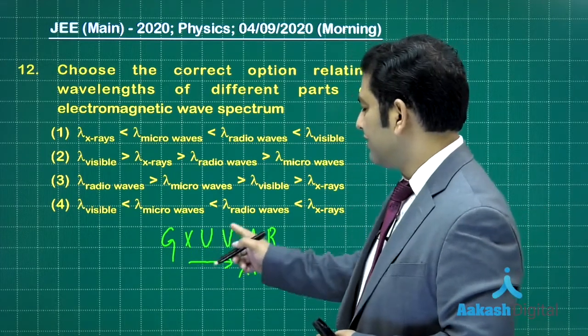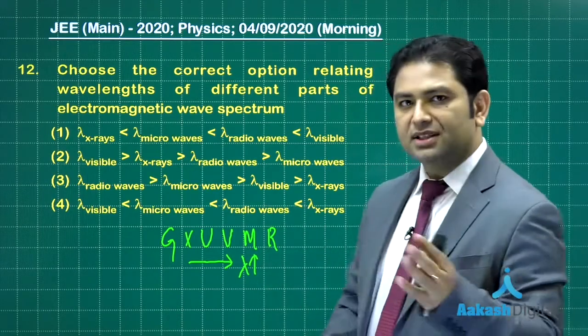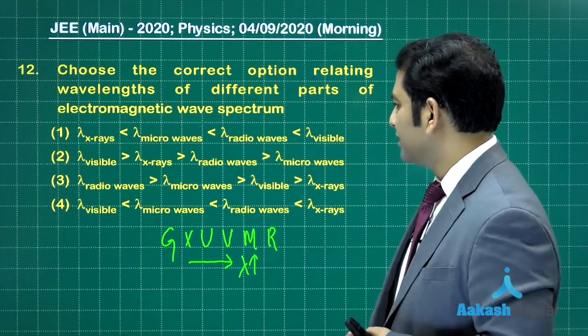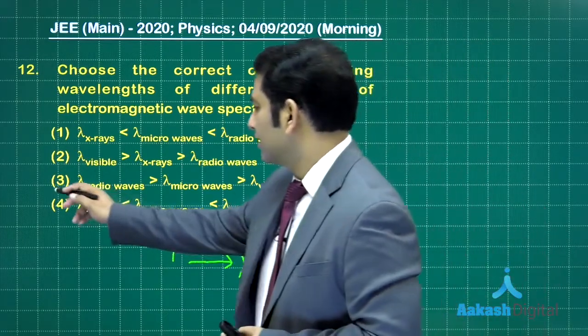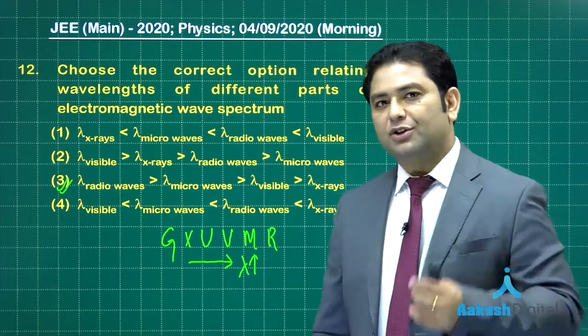Gamma, X, ultraviolet, visible, and micro, radio. This is how it goes. Now, how is the parameter to be chosen? That's now so straightforward. Option number 3 is the correct one. Let's go for the next question.